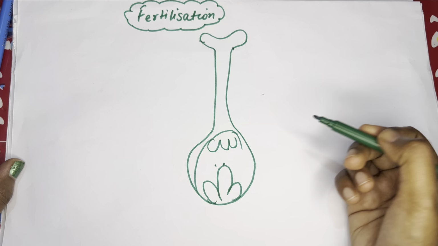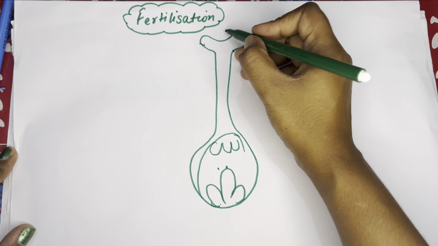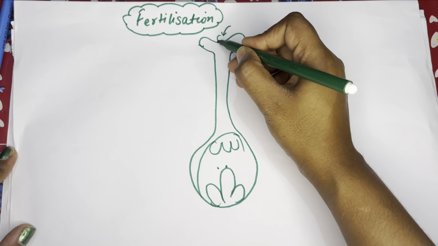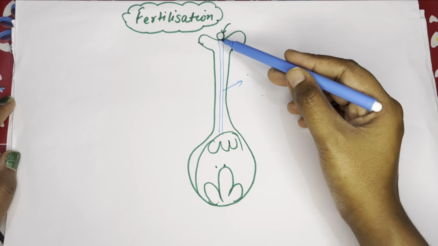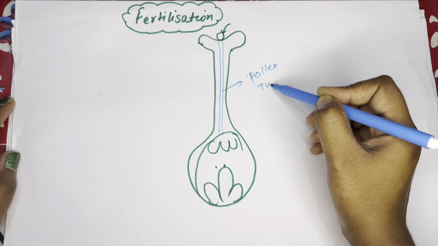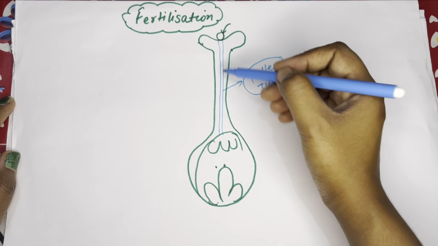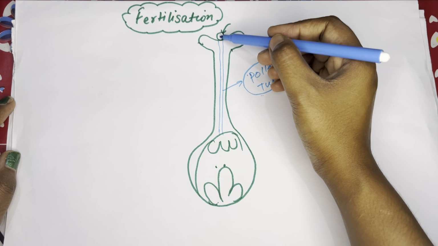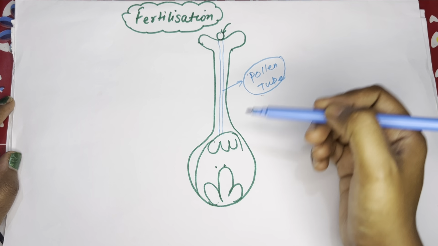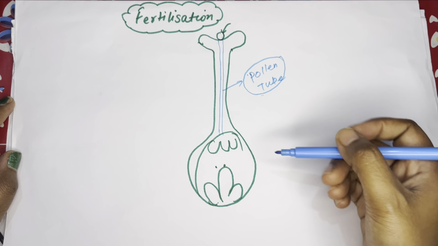Now, when the pollen grain reaches this particular portion, this will be the pollen tube, which is formed from the vegetative cell. The pollen grain will enter the female reproductive organ through the pollen tube.